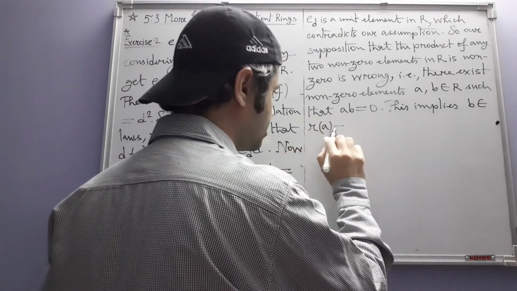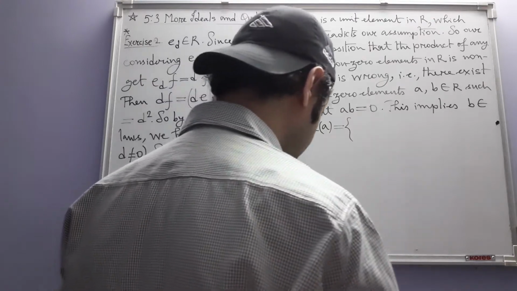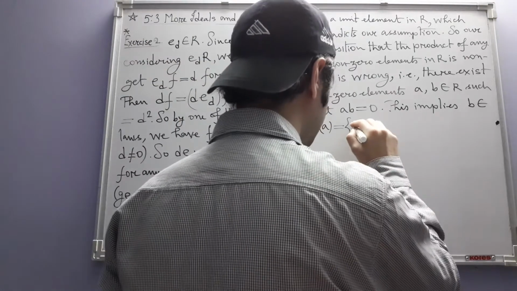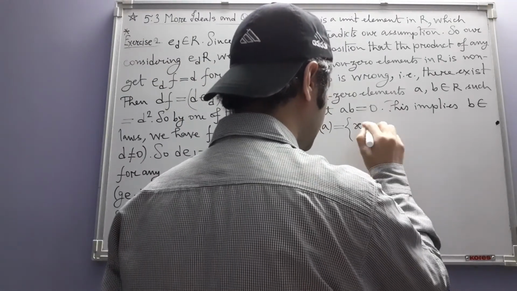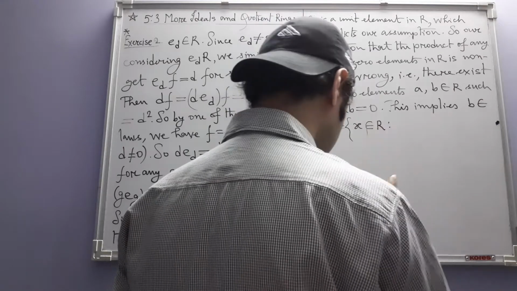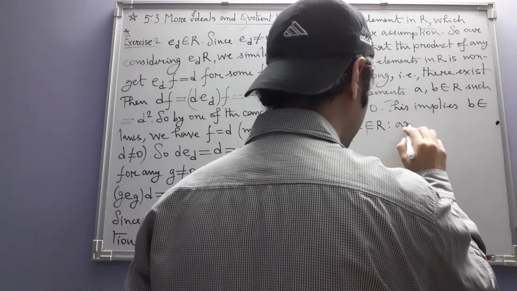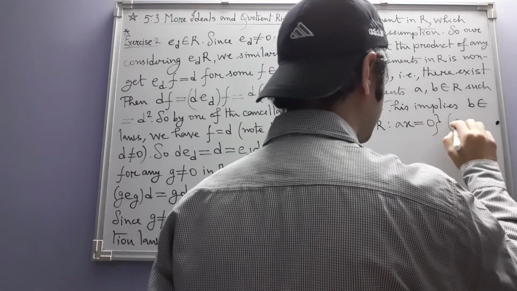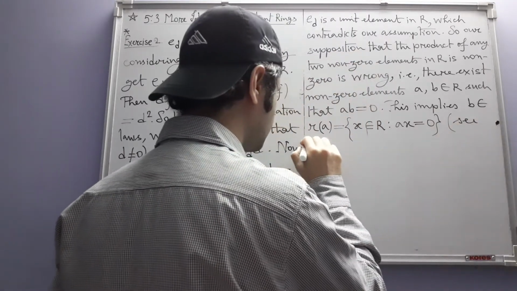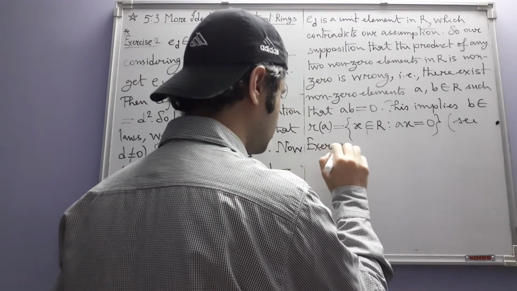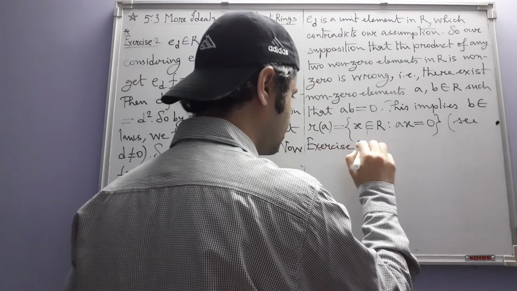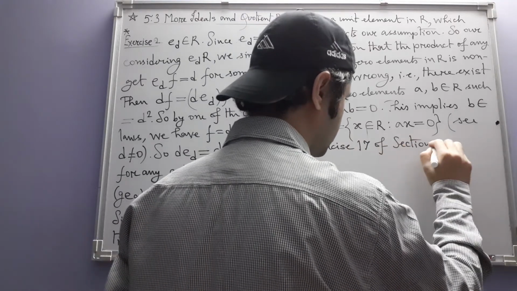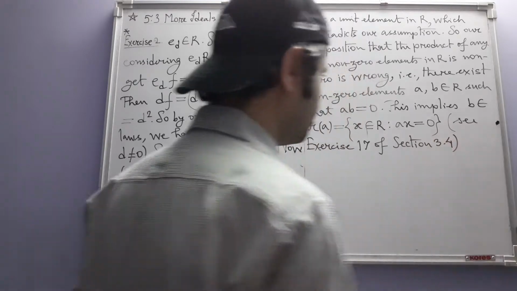Ra is something that we defined in the previous set of exercises, specifically in exercise 17, which is the set of all elements in R such that if we multiply A by those elements from the right, we get 0. See exercise 17 of section 3.4.